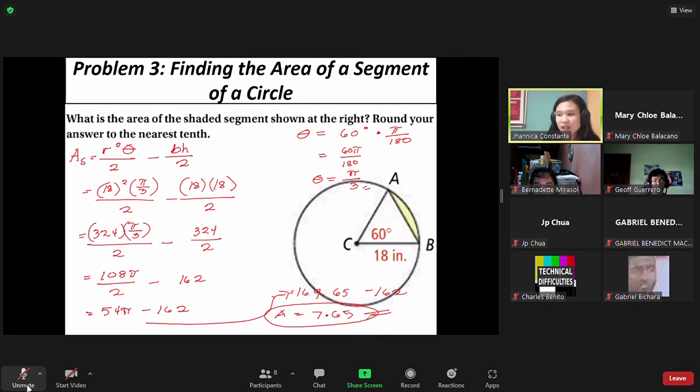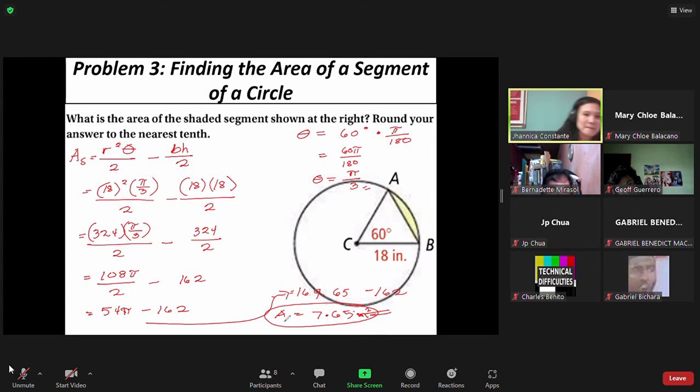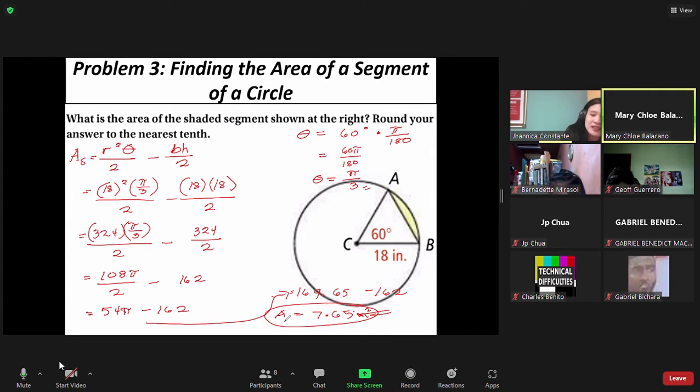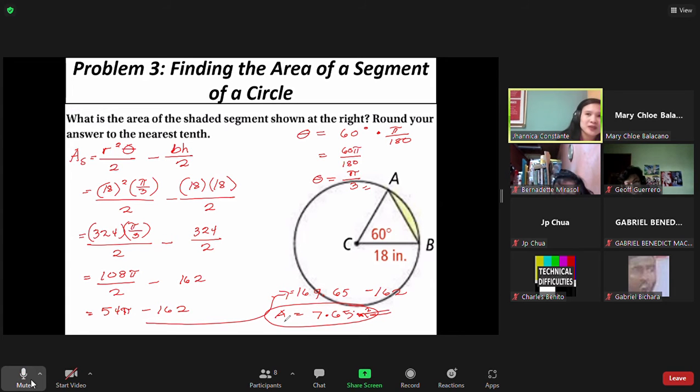Add the unit for the area. You need inches squared because we're solving for the area, so it's inches squared.